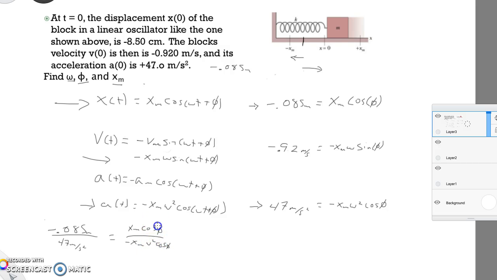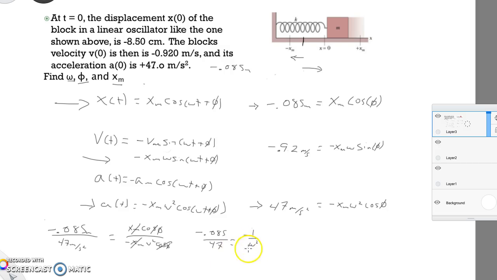And this is good because the cosines cancel out, x sub m cancels out, and we get negative 0.085 over 47 equals negative 1 over omega squared.